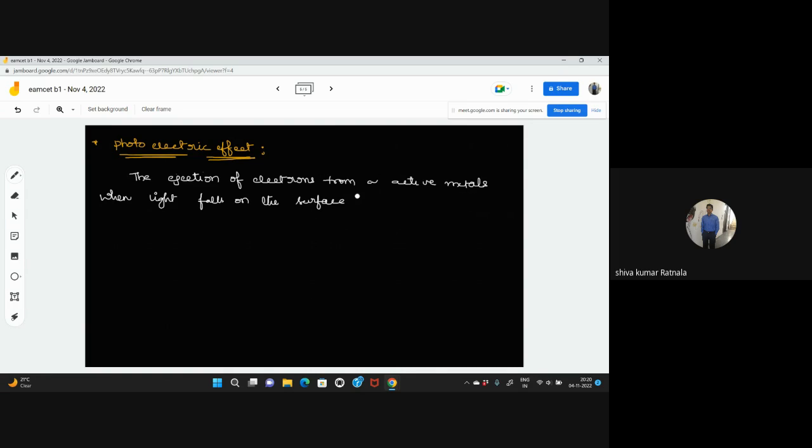That means, for example, if I'm taking this as the metal surface, when light falls on this, electrons are going to eject. This ejection of electrons phenomenon is what we call the photoelectric effect.